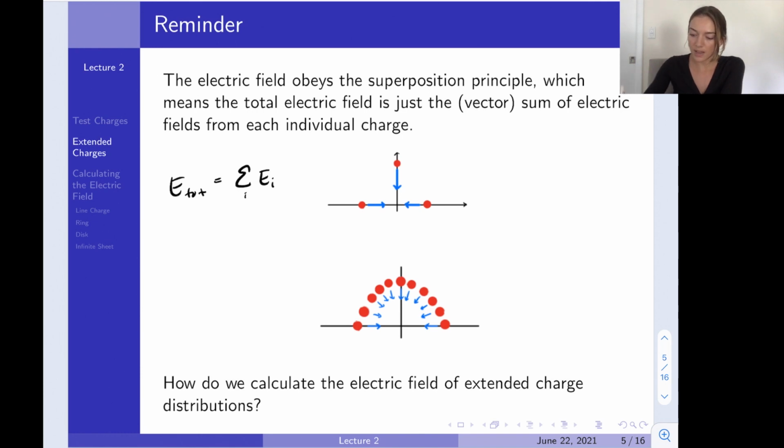Now, if I have, let's say, a lot of charges, like 20 charges or something, you'd still have to sum over 20 electric fields. But any continuous charge distribution, you can think of as infinitely many point charges together.